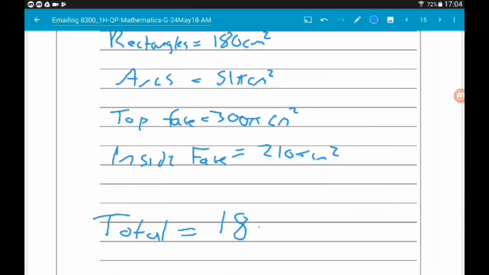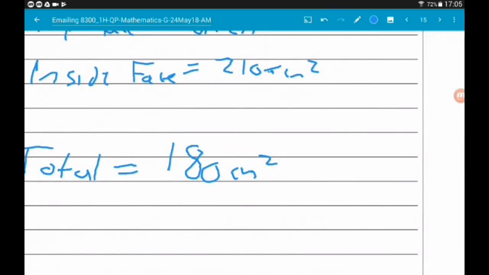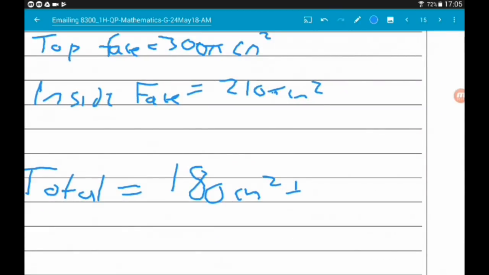So we're going to have 180 centimeters squared, and if we add the other three terms, 51 pi add 300 pi, it's 351 pi, and then add 210 pi, we finally got 561 pi centimeters squared.